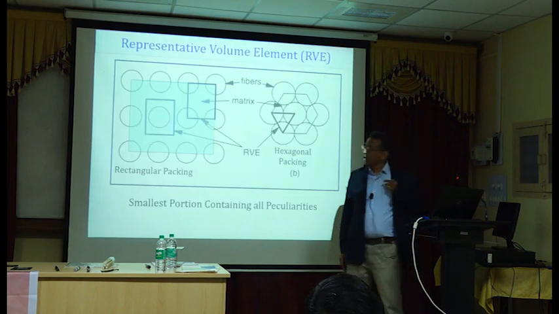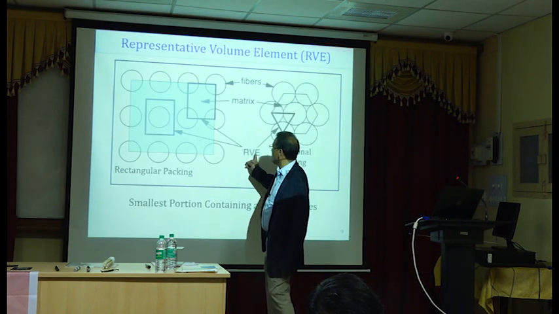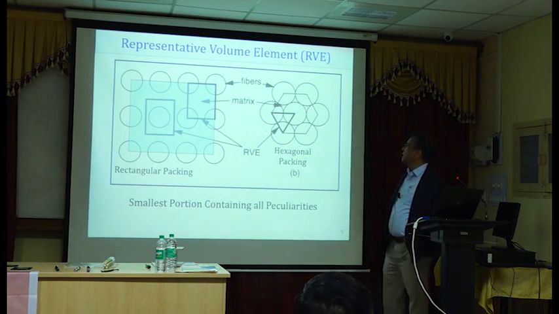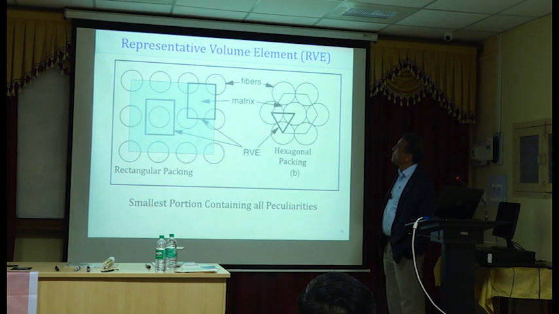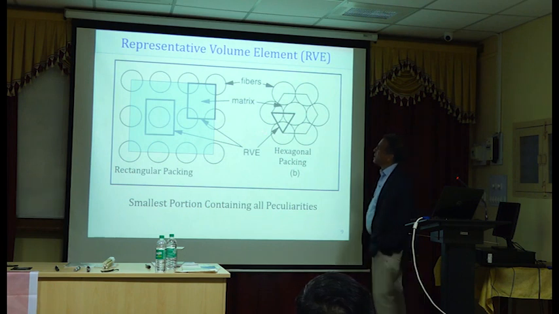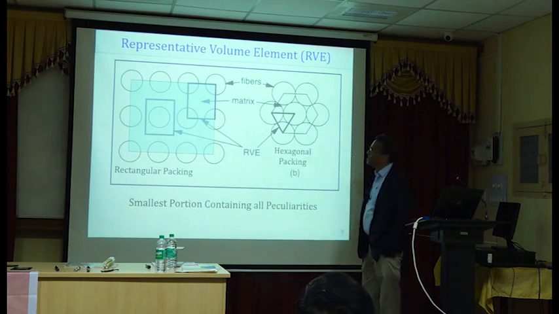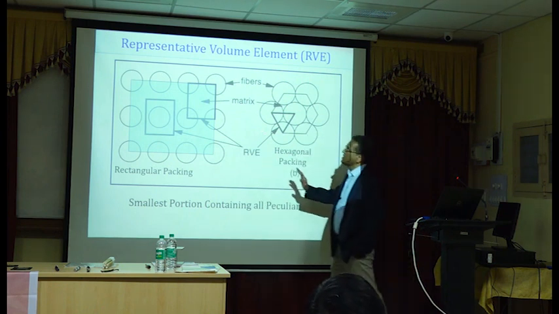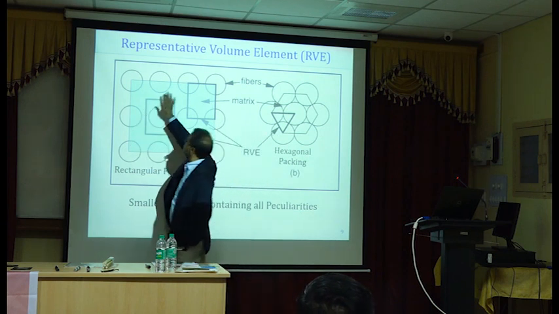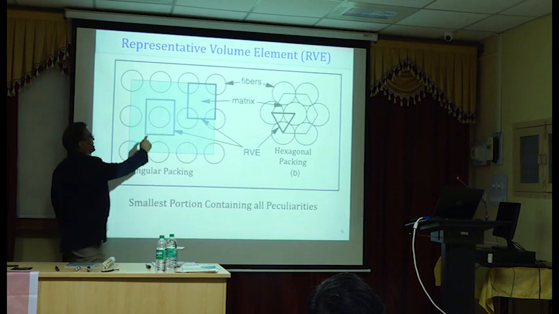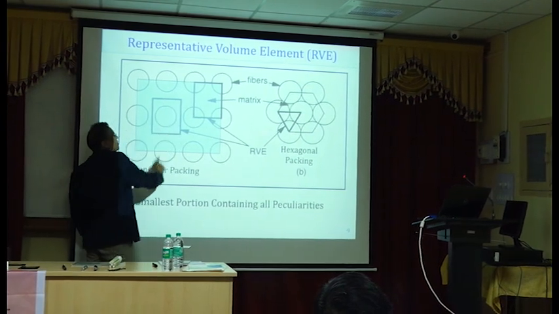So in this case, we have what's known as RVE, which is representative volume element, RVE. So here it's just for theory, just for derivation of equations we'll use this. So in a composite, it doesn't matter how many fibers you have. If they are uniformly distributed, let's assume they are uniformly distributed, each fiber is associated with a small amount of matrix.